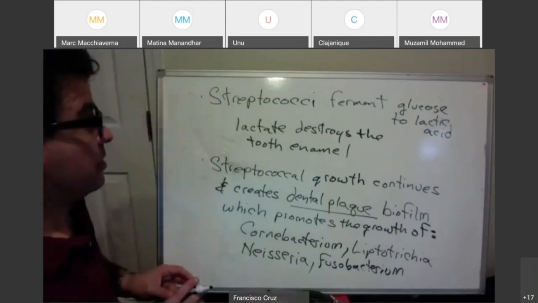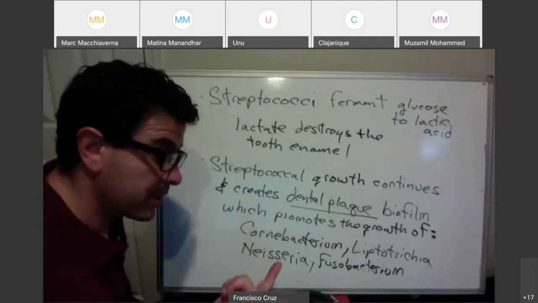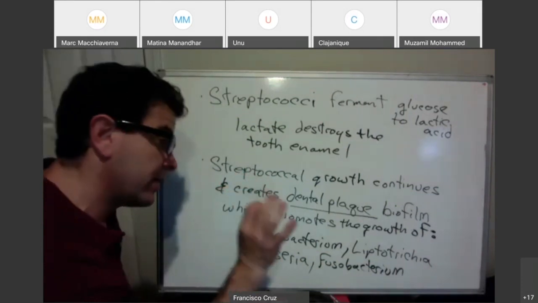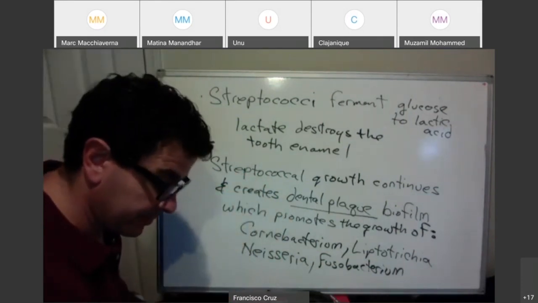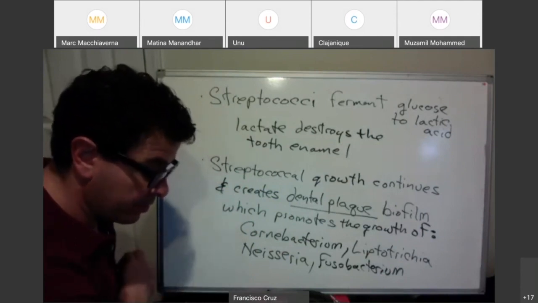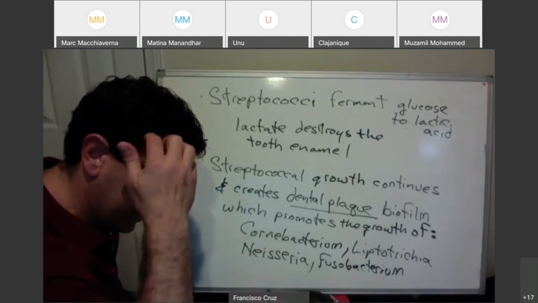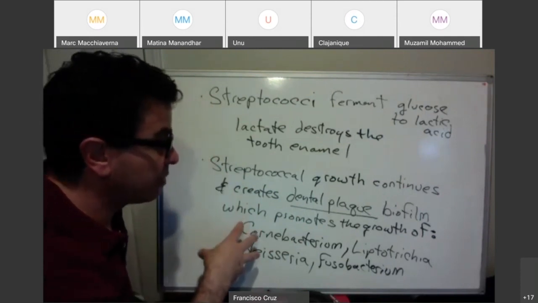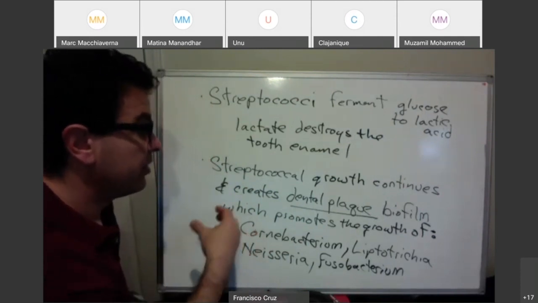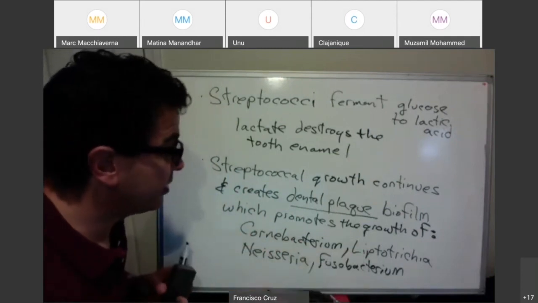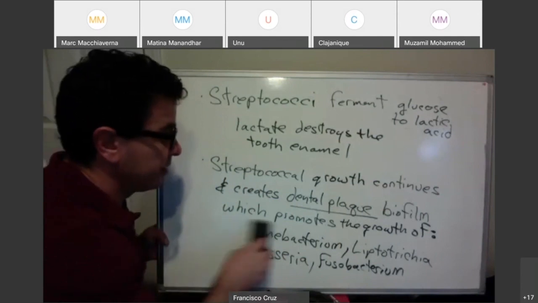And so we start off with Streptococcus mutans and Streptococcus sobrinus. We establish a very small little biofilm. They are on there growing. If left unchallenged, this biofilm becomes a dental plaque. This dental plaque will then promote and protect the growth of all these other species. So now we have a big party going on your teeth.